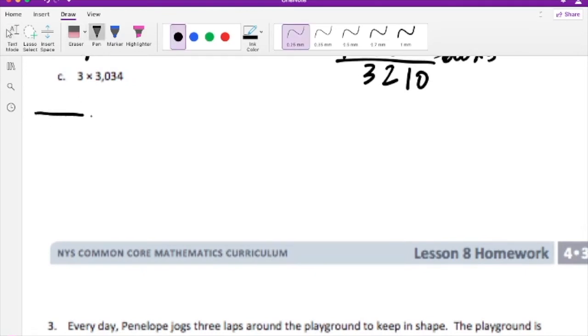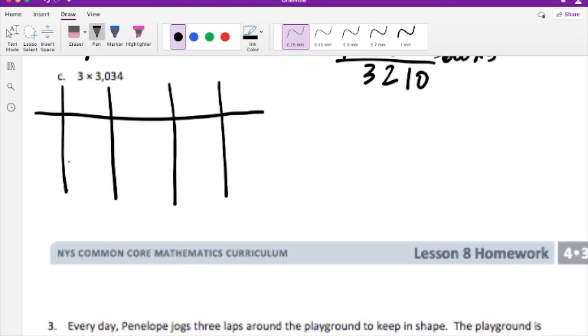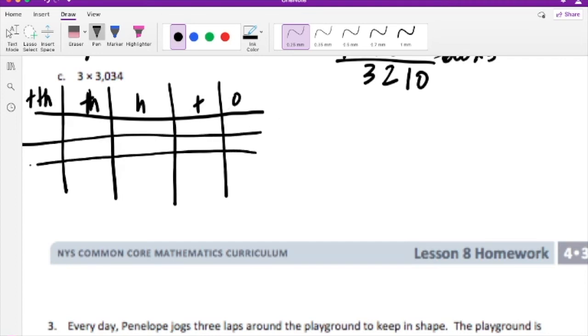Let's set up our place value chart. And of course, this is ones, tens, hundreds, thousands, and 10,000s. I'm going to make my rows.